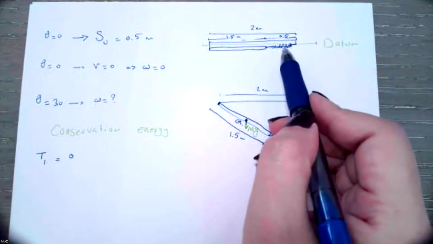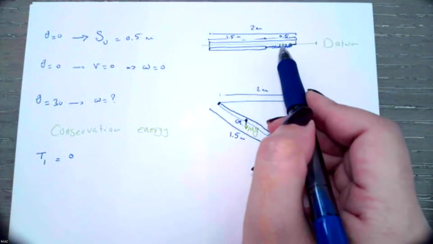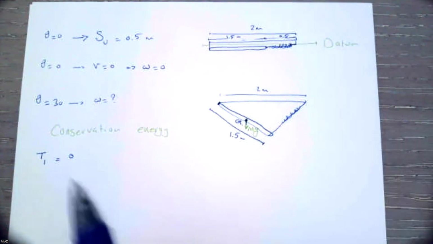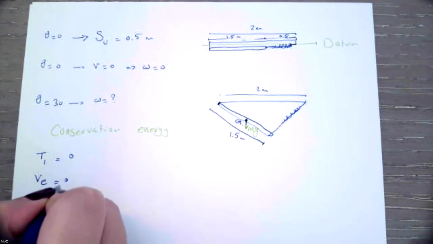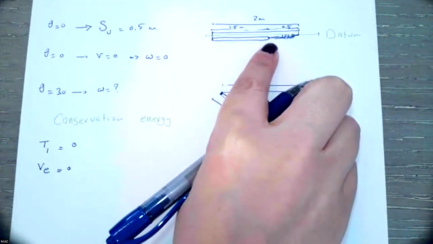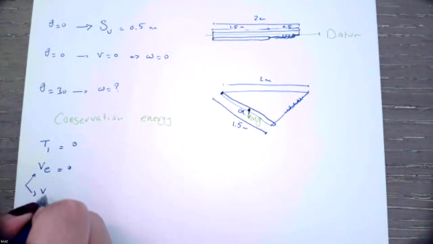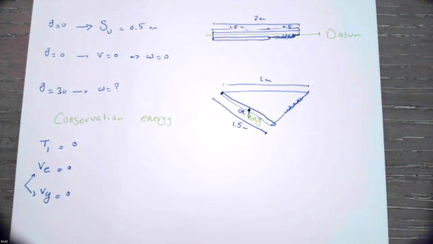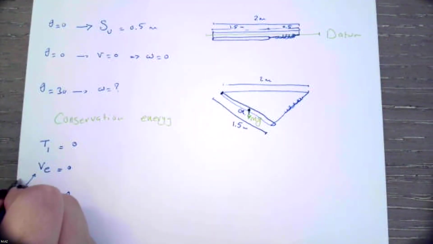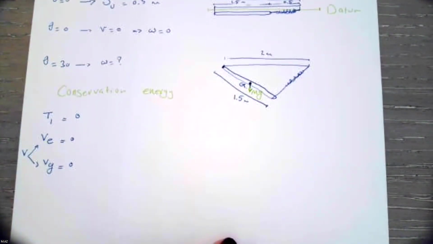And the spring is unstretched, so the elastic potential energy will be 0, and also we set this as the datum, so the gravitational potential energy for this system is 0. It means the total V for this problem is 0.